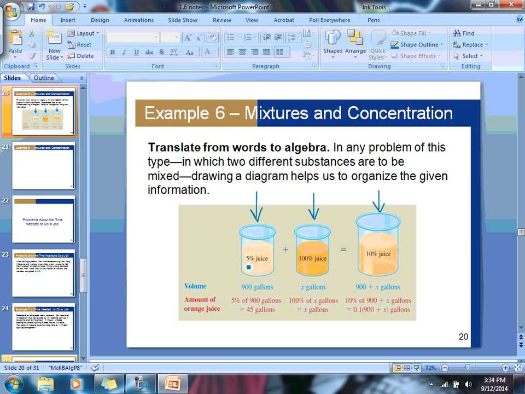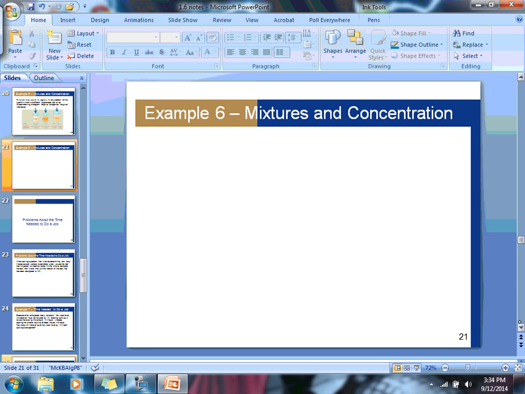So basically we're going to take our concentration and multiply it by our volume, and that will get us the amount of the orange juice. So when we set up our equation then, we'll have 0.05 times 900. That's how much of the 5% juice we had.